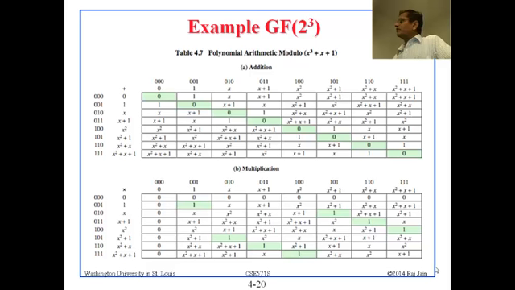We took x squared and we multiplied by x squared. X squared times x squared is... yeah.